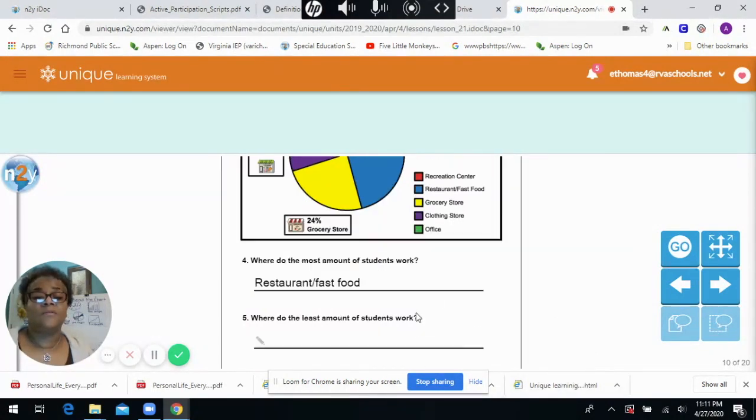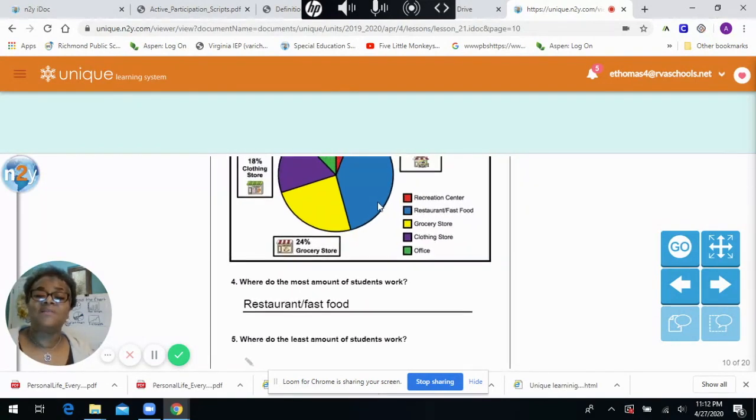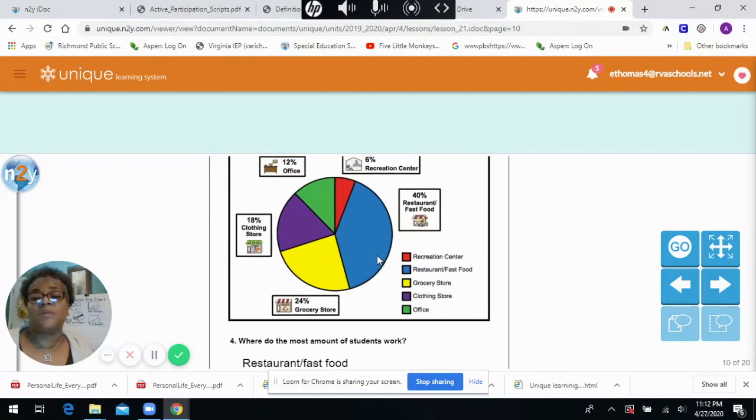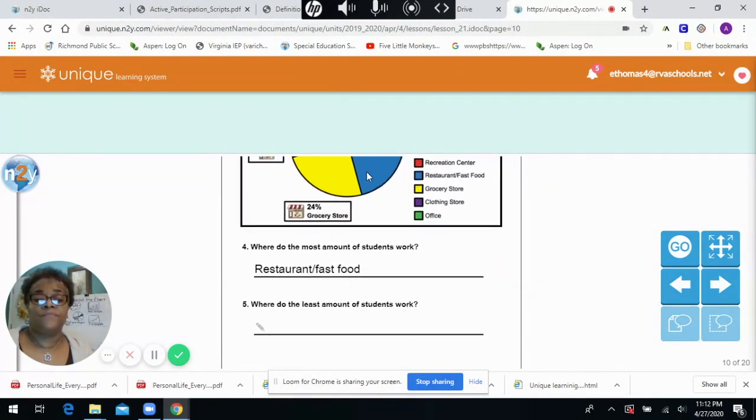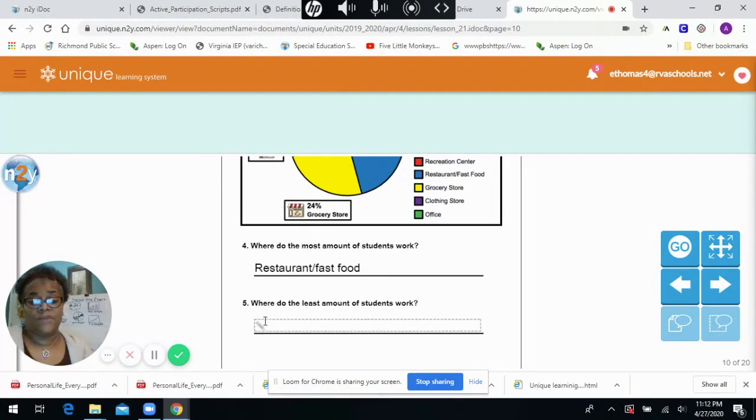And let's keep going. And where do the least amount of students work? Okay, so least amount. Let's look for the smallest piece in the pie graph. Recreation center. Yes, the recreation center. That's the smallest piece.